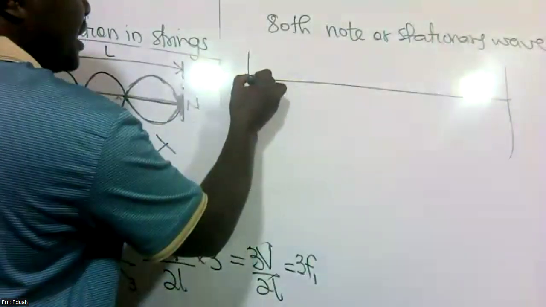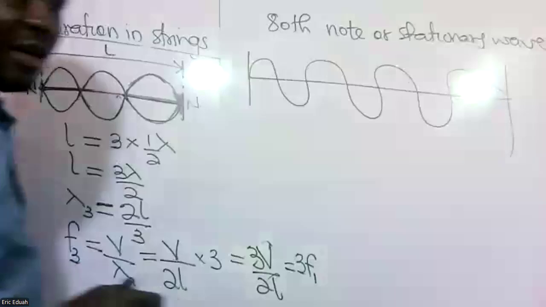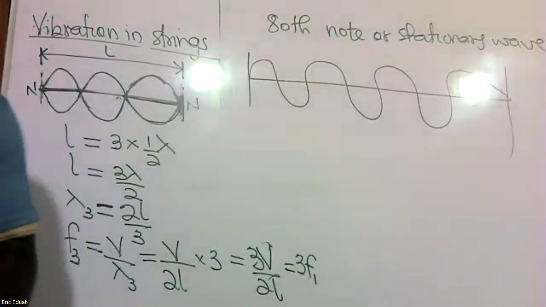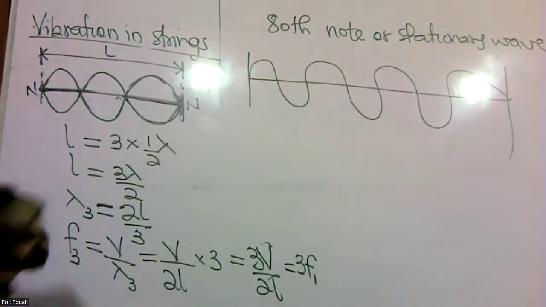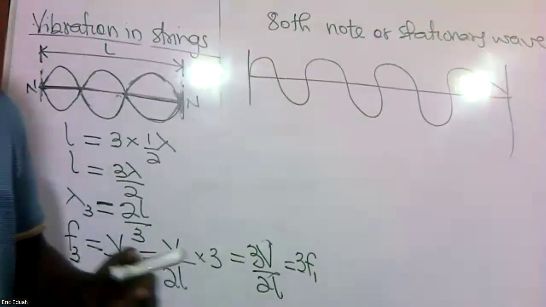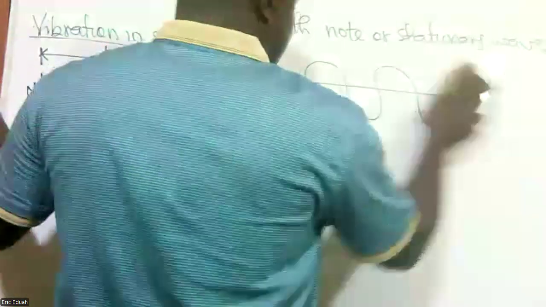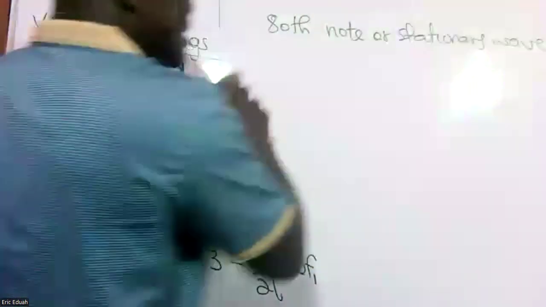When will you finish? 1, 2, 3, 4, 80, then no. There should be a way out. When you are given higher notes and asked to determine the wavelength and then the frequency of the notes, how do we do it? This is how we do it.